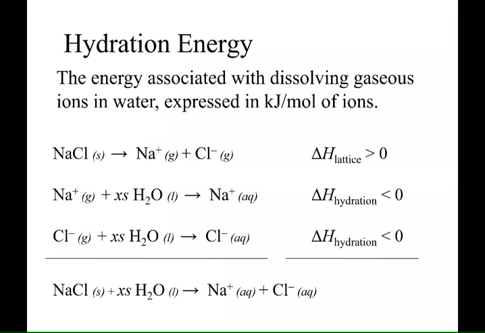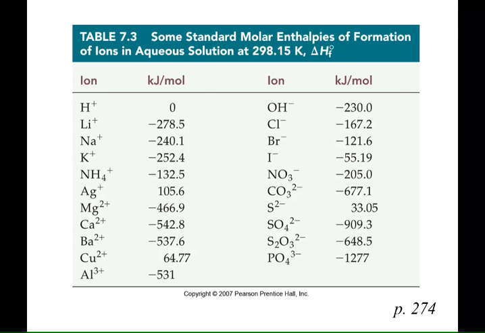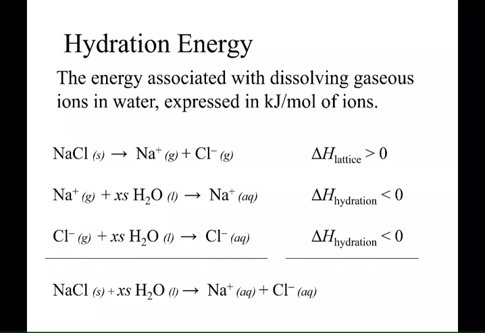And then your net energy required is the enthalpy of solution, the dissolving process. That is where you add those 3 together. So, what are the units? Kilojoules per moles of ions.